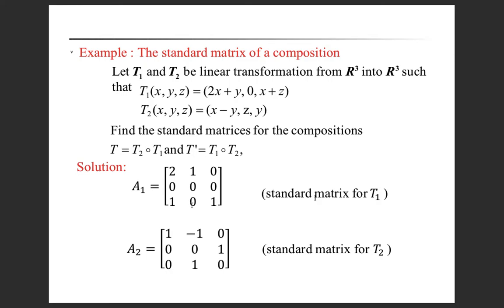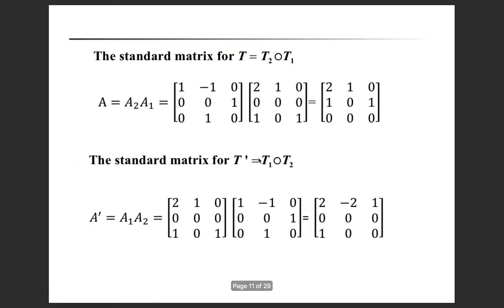Now we will find the standard matrices for T2 of T1 and T1 of T2. The standard matrix for T2 of T1 is nothing but A2 A1, the simple multiplication of A2 with A1. A2 we found to be 1, minus 1, 0; 0, 0, 1; 0, 1, 0.